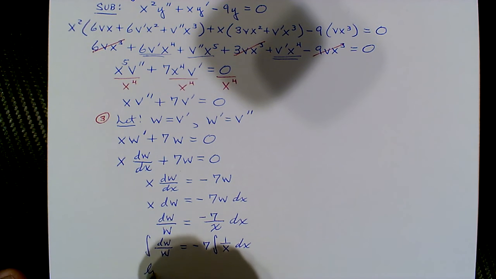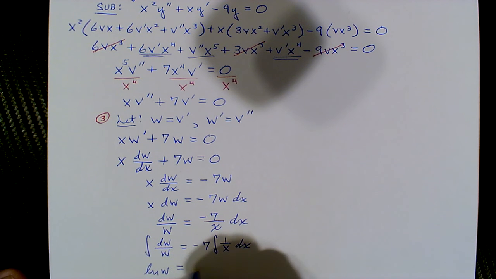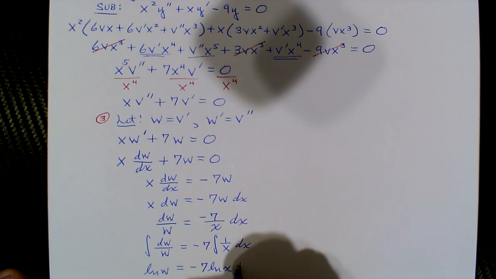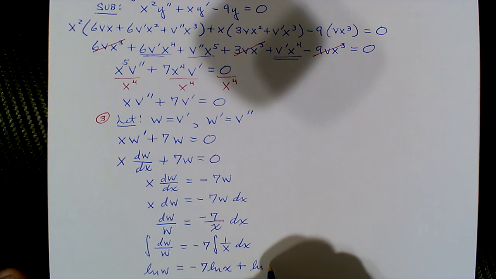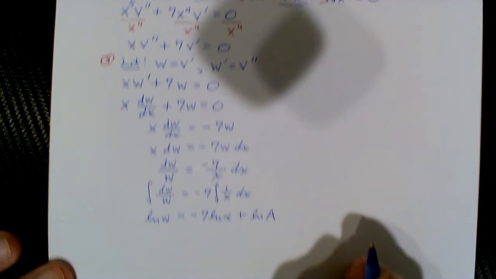So integrating, we get the natural log of w equals negative 7 natural log x plus, and then we'll just call this, because we generated a log over here, we'll call it a natural log. But instead of c's, we're going to use a's and b's. We're going to integrate twice, so we'll first use a.